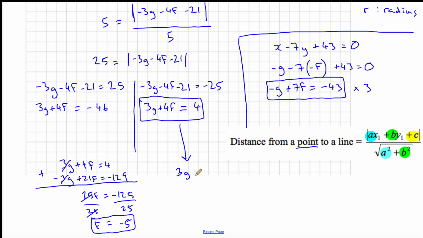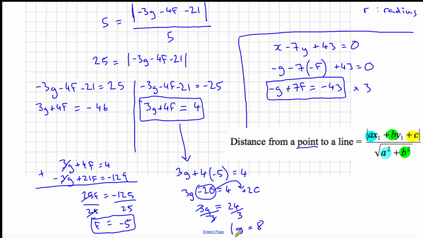If I have 3g plus 4, instead of f now I know it's minus 5, and that's equal to 4. That gives me 3g minus 20 is equal to 4. I can bring that 20 over here. It will become positive. And I have 3g is equal to 24. So dividing both sides by 3 leaves me with g is equal to 8. So I now know f is minus 5 and g is 8.